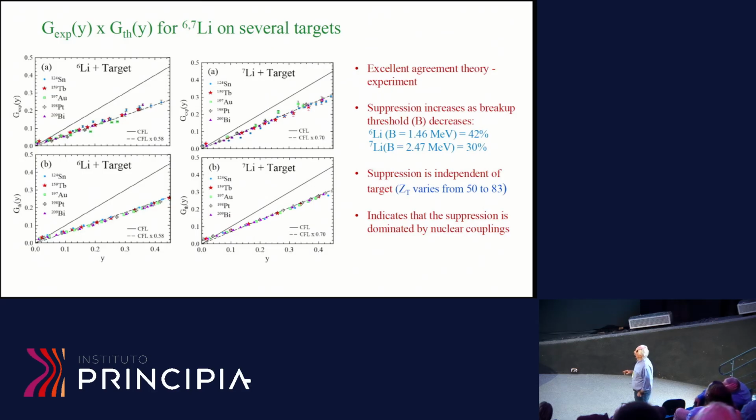What you can see is that the cross-sections follow very closely a straight line, but with an angular coefficient smaller than 1. In the case of lithium-6, that dashed line has angular coefficient 0.58. And the data are closely following this behavior. And the calculated cross-section shows the same behavior.